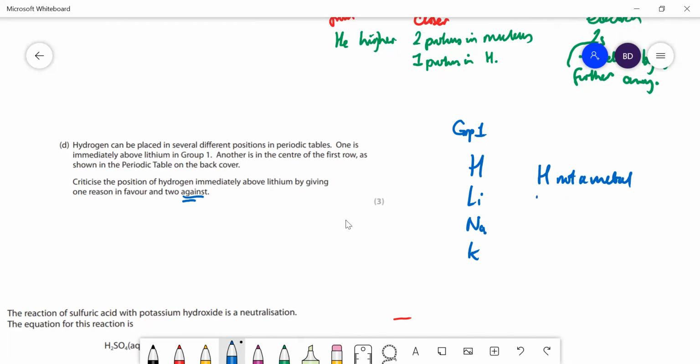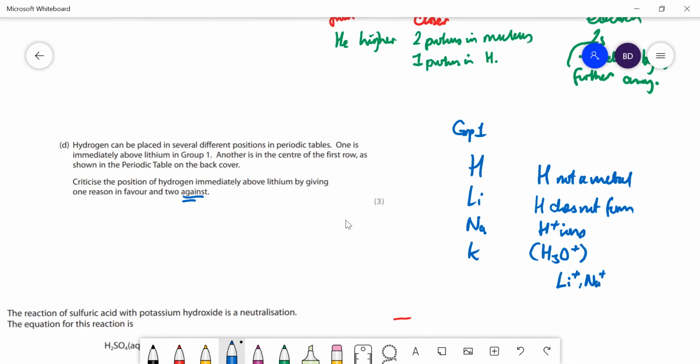Hydrogen does not form H+ ions. Now we write H+ ions, but really the H+ ion is H3O+, not H+. The hydrogen will not form a single positive ion in the same way as Li and Na and so forth will.